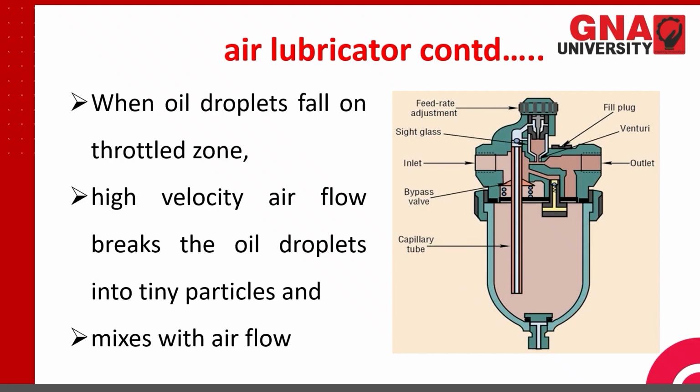If that sliding is not lubricated, it will lead to the generation of heat, and that heat will lead to distortion of the dimensions of the cylinder and the piston. So to dissipate that heat, we need to lubricate the system, and that lubrication is achieved by lubricating the compressed air supply, and that is done in the FRL unit.